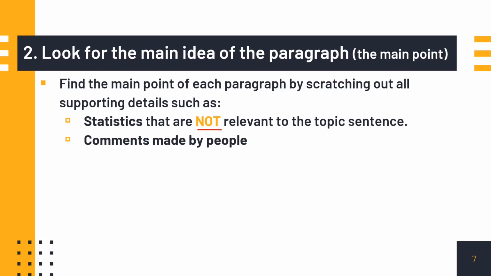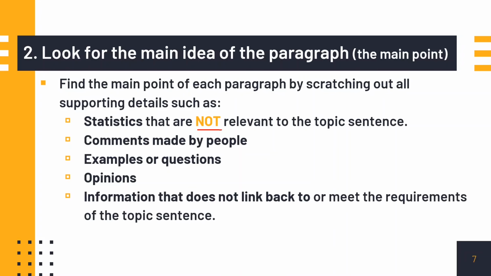Comments made by people. This is considered to be a supporting detail and should be scratched out. Examples or questions. These are supporting details and should be scratched out. Opinions that are not relevant should be scratched out.